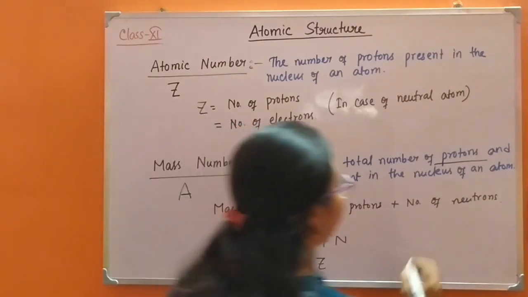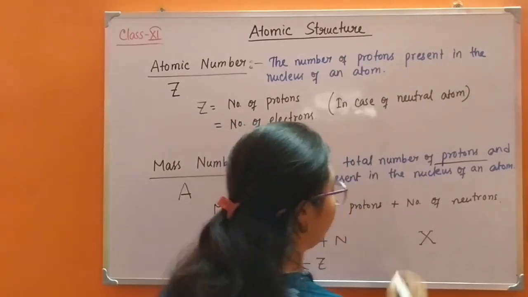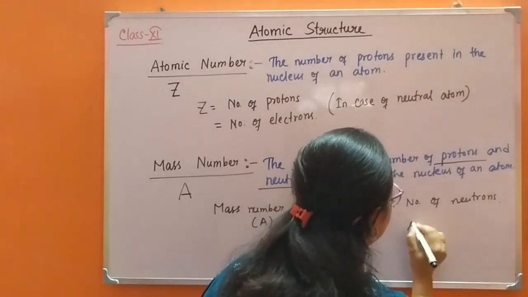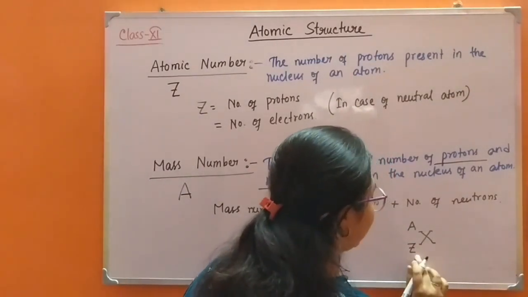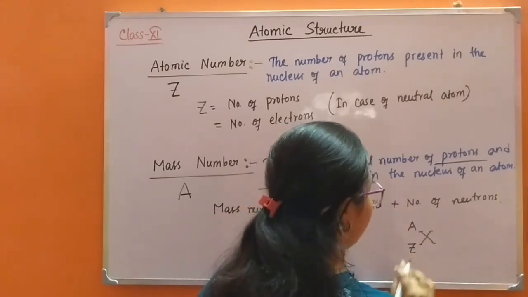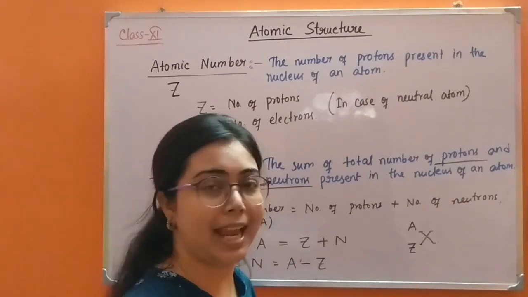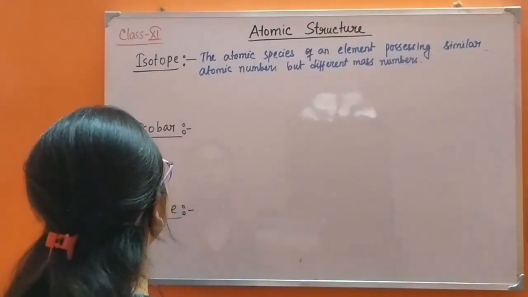If the symbol of an atom is X, then we can represent this atom like this, where Z is the atomic number and A is the mass number. And from A minus Z, we can find the number of neutrons present in the nucleus of this atom. Now, isotopes.